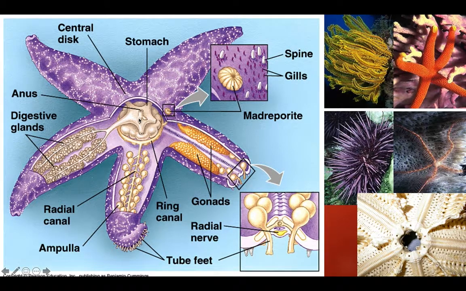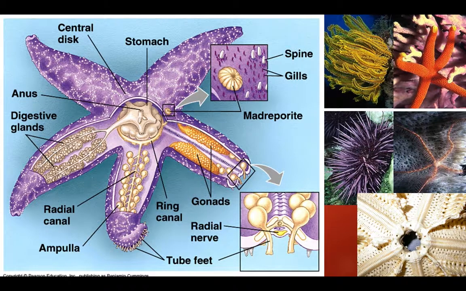Now, if we look more at this dissection diagram, we have things like our stomach here. Here's our anus at the top. So the anus is for excretion, letting out all of the solid waste. And we have digestive glands here. So this is obviously going to be used for digestion, gonads in this arm. But one thing to note, this diagram has each one of these structures in separate arms.